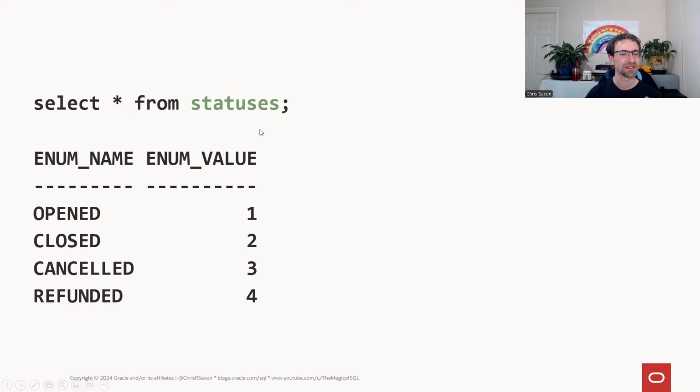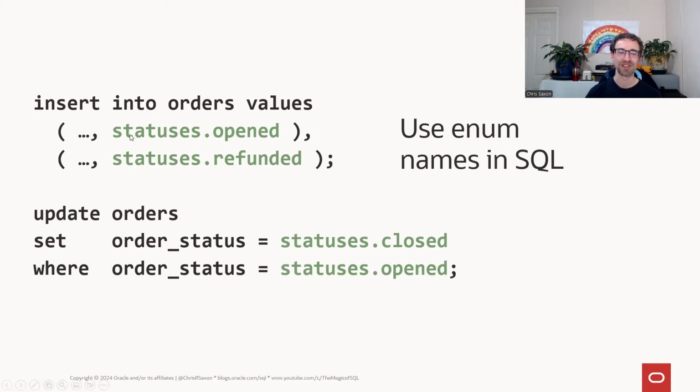Another nice thing is we can now reference the names in SQL like constants and get the values. These values 1, 2, 3, 4, it's not clear what they are, but opened, I know what open means. We can use domain name dot name within a statement, and we will get the value. So we're saying insert the value 1 and whatever refunded was.